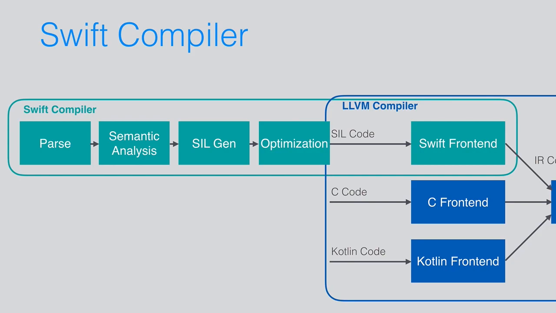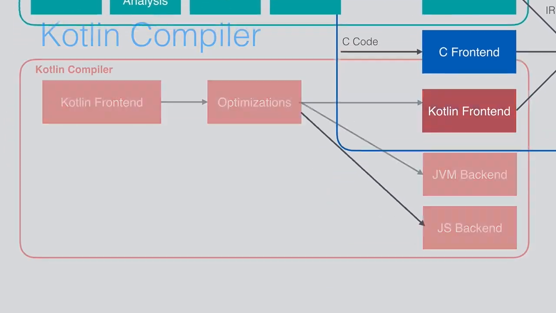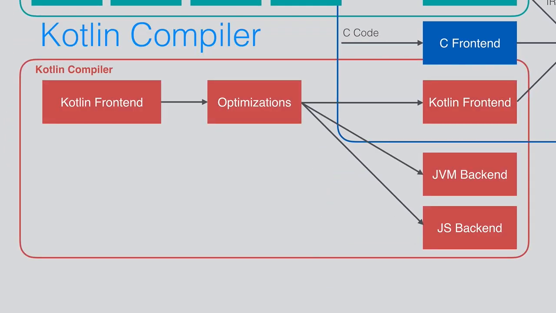And so these 5 pieces, if you look at the Swift compiler documentation, the code repo is actually broken up into these 5 components, and then a few other support components. So that's how Swift works. Kotlin works really similarly. The Kotlin compiler follows the same architecture as LLVM.